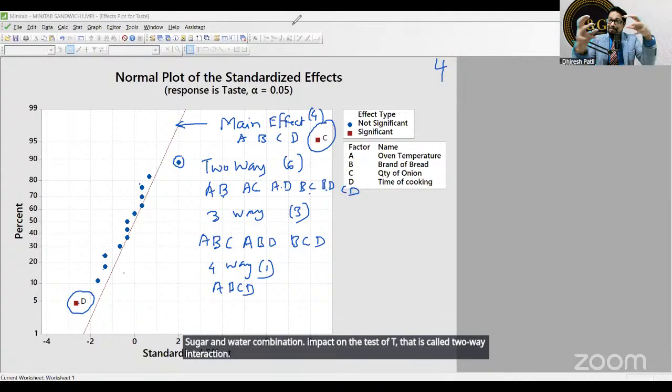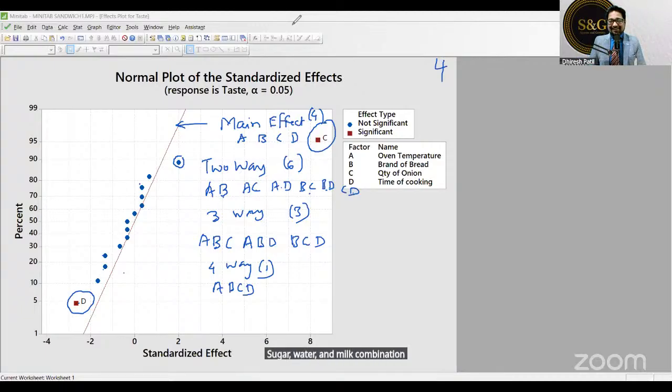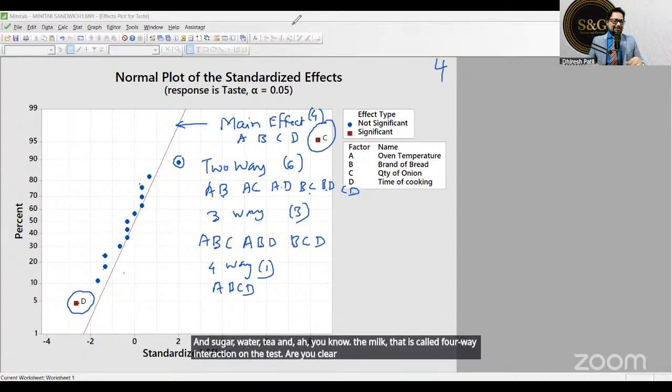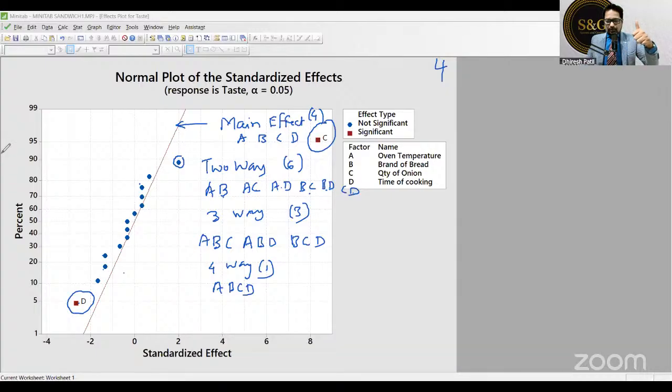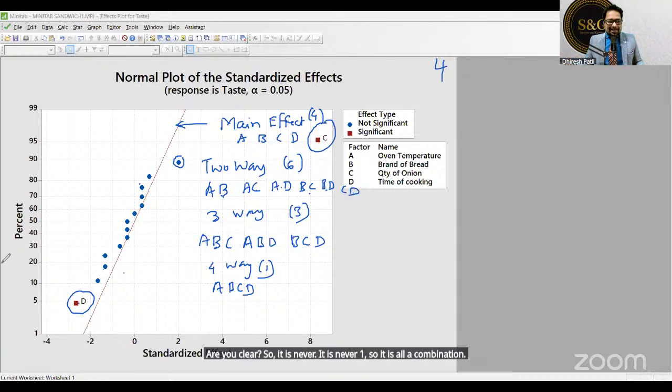Sugar, water and milk combination, that is called 3-way interaction. And sugar, water, tea and milk, that is called 4-way interaction on the taste. Are you clear? Just give me yes in the chat box. So it is never one; it is all a combination.